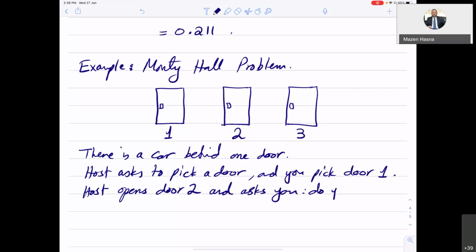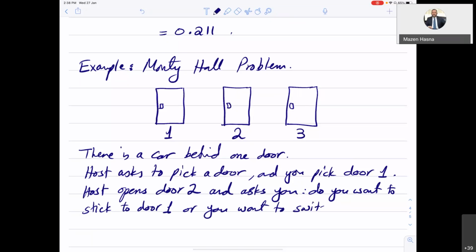Do you want to stick to door 1, or do you want to switch to door 3, sorry.